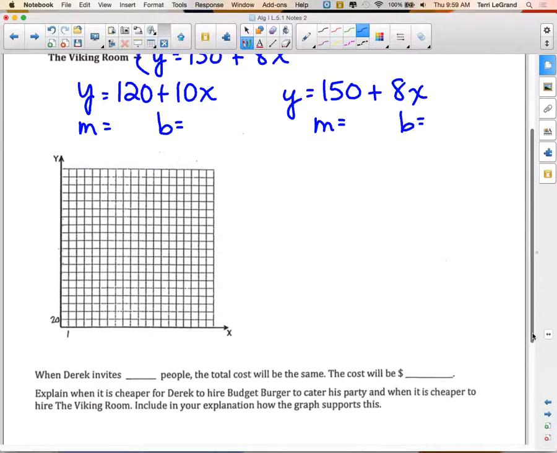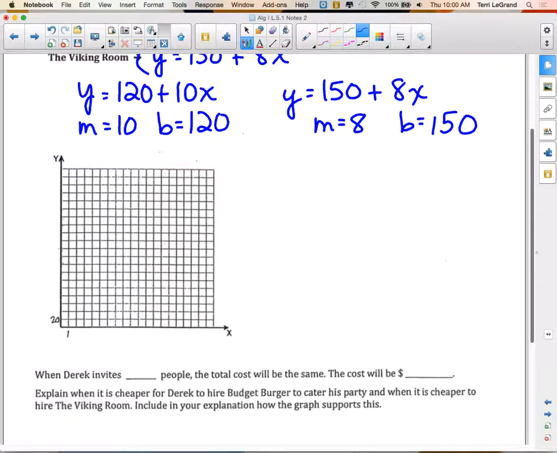Okay, you may be erasing. Okay, what is the slope and y-intercept for our first one here? 120 plus 10x. Slope is 10, and the y-intercept is 120. Okay, and our other one, our slope is 8, and our y-intercept is 150.